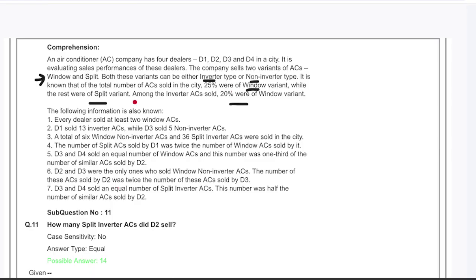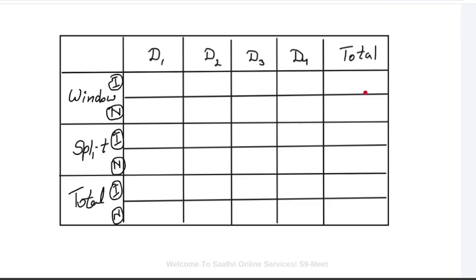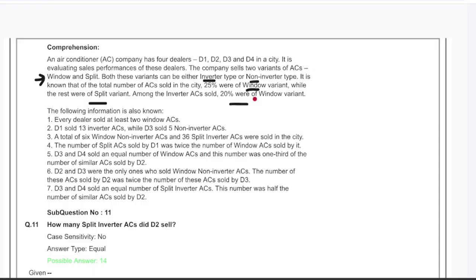The first information which they have: it is known that of the total number of ACs sold in the city, 25% are window. So total window is going to be 25%. That means the rest, split, is going to be 75%. The next information they have: among the inverter ACs sold, 20% are of window variant.